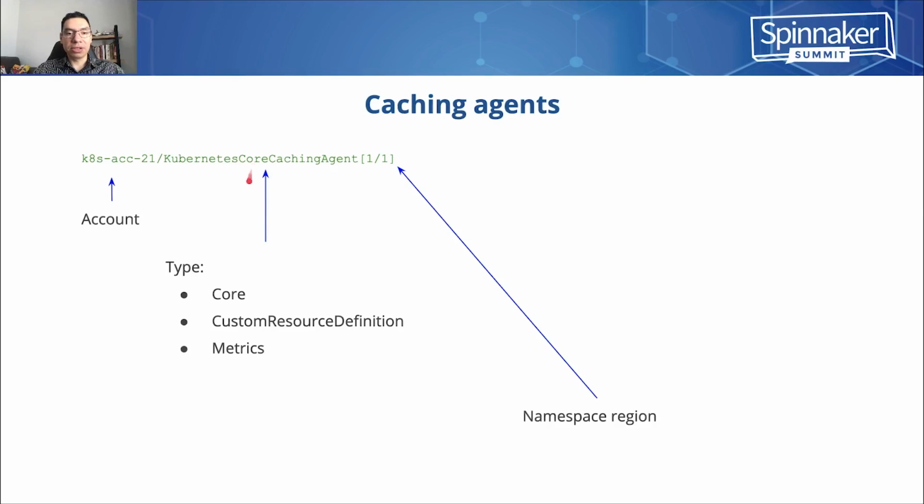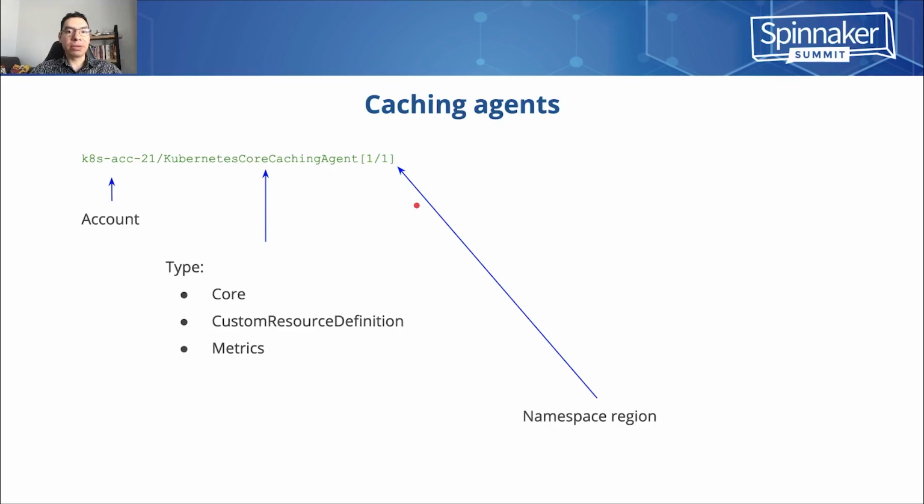Core, which is the one that caches the core kinds, as we saw. There's another type that only caches custom resource definitions, and finally one that is specific for metrics, like when you do top pod or top node. Those are the caching agents for metrics. So the caching agents are created based on account, on type, and finally on namespace.